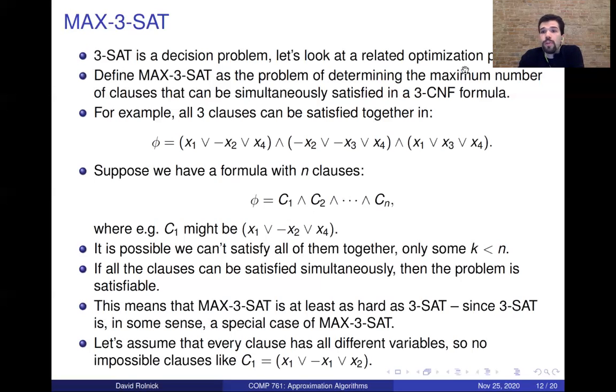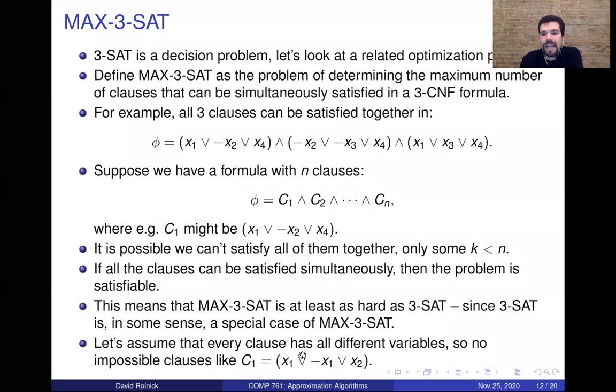Let's also assume, just for the sake of simplicity, that we aren't ever in the situation where one of the clauses has some of the same variables. If it does, then it is no longer necessary to consider it.